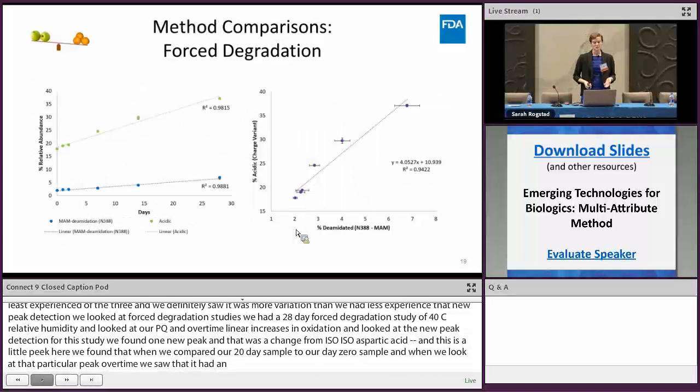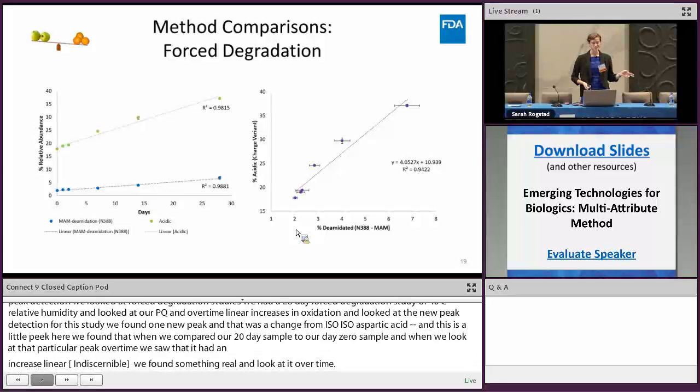So using the same forced degradation sample set, we looked at method comparisons. And here we compared the MAM of one particular deamidation site to our acidic variants from our charge variant analysis. And we saw that they both increased over time, but not exactly at the same slope.